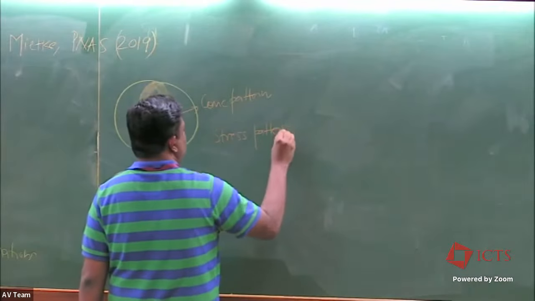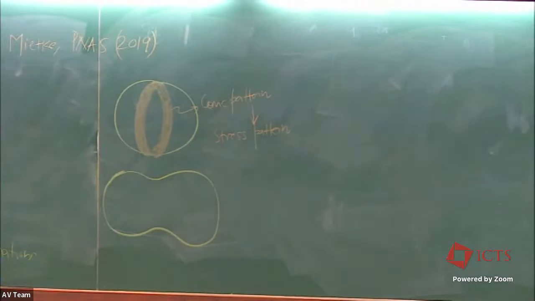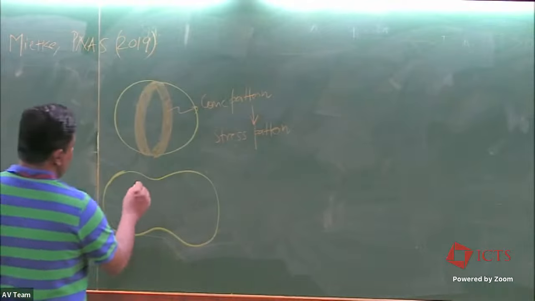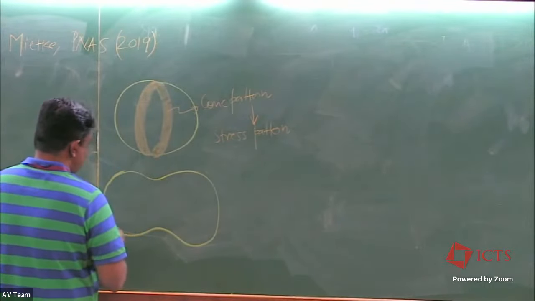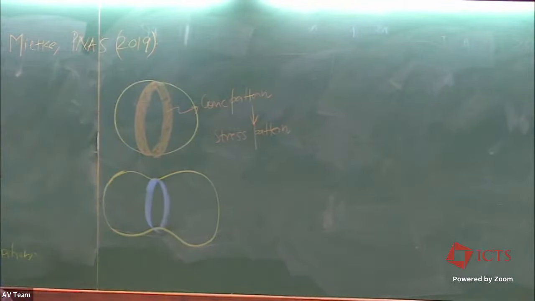And if you have a deformable surface, you go back to your simple elasticity theory, for instance, a stress pattern will change the shape. Now, this will maybe enhance the concentration fields, maybe deplete the concentration fields. One doesn't know that. Would like to work out these kinds of shapes.